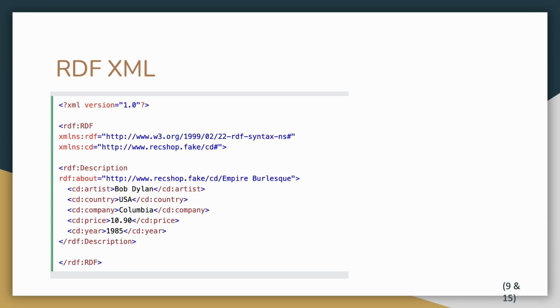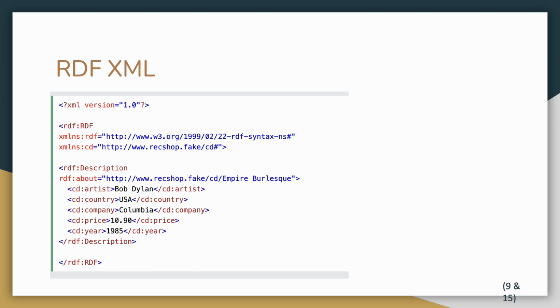So for the XML document, the resource, the subject, is defined up here in the About tag. So that is showing a URL, which is one type of URI that you can put in to say what resource you're talking about.